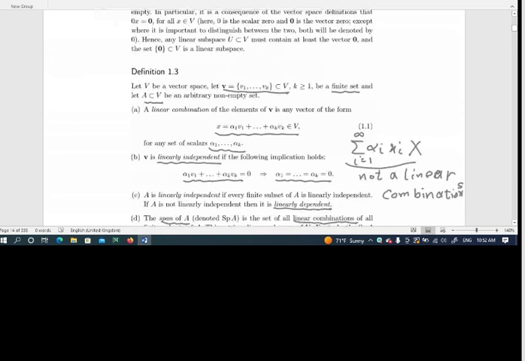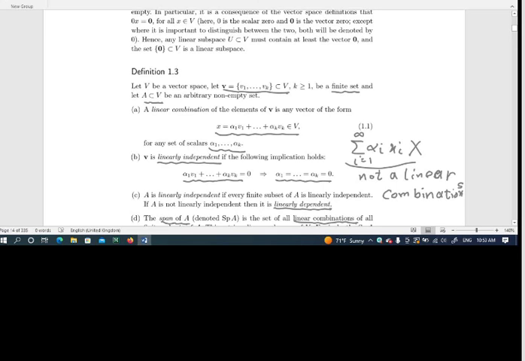Another definition: let V be a vector space, and this V is different from this V. V here means a vector space, but this is just a subset of V. The book shows this as a small v.